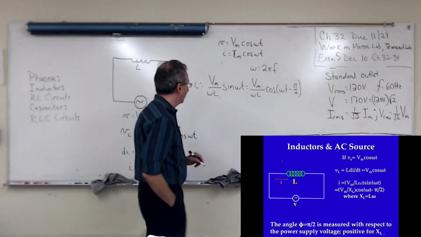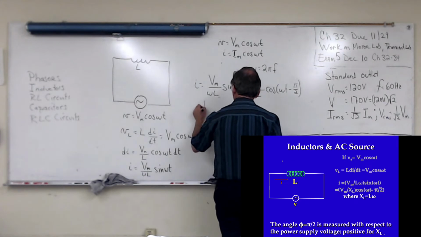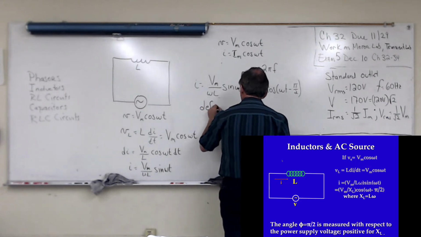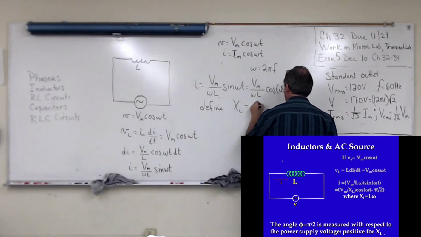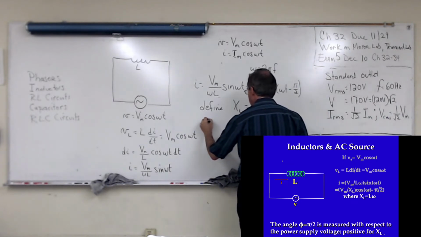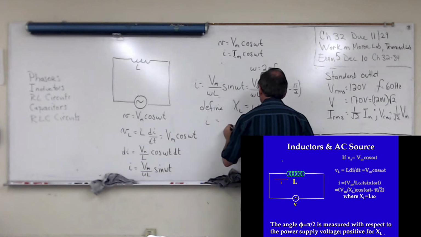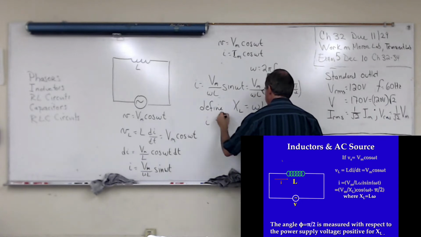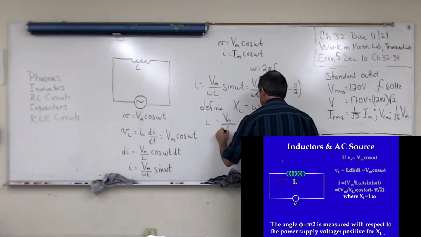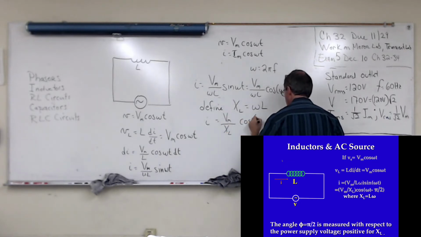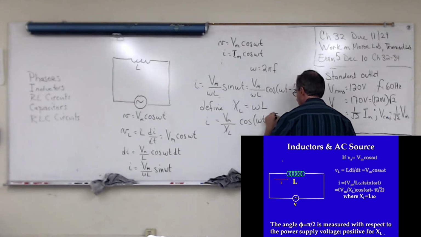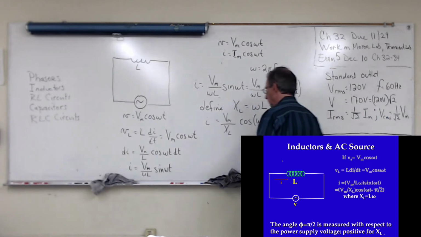Okay. Furthermore, we can define x sub L equals omega times L, so that we can write I equals V sub m over x sub L cosine of omega t minus pi over 2.